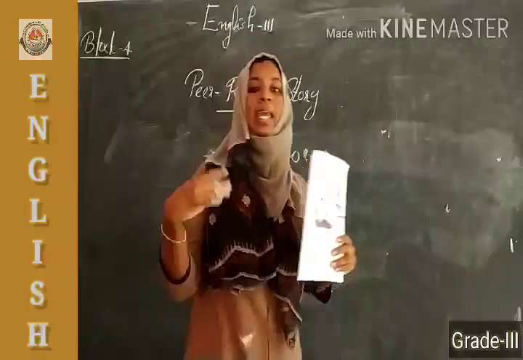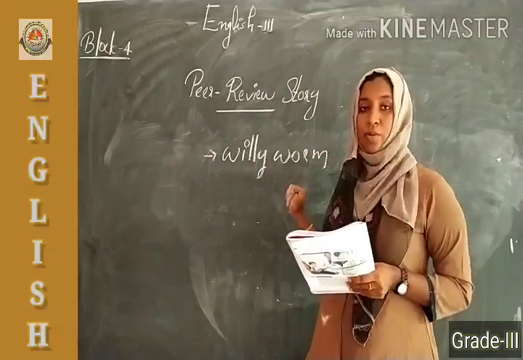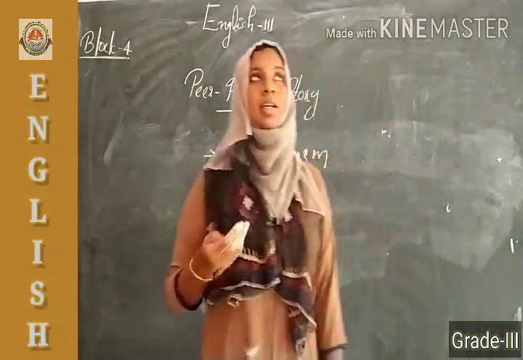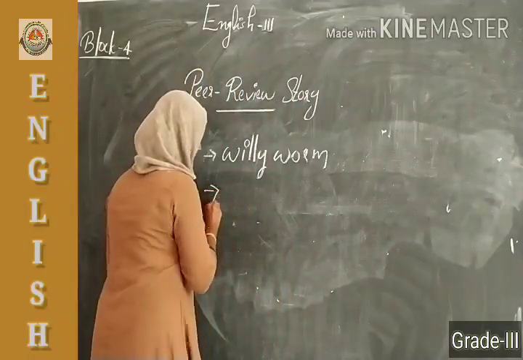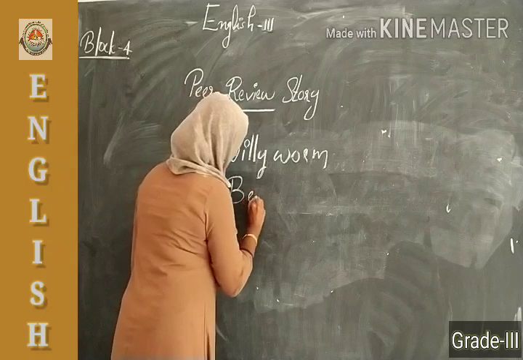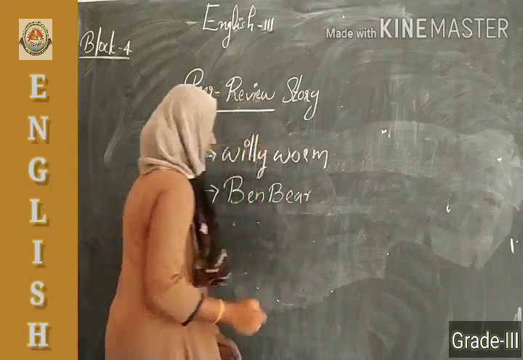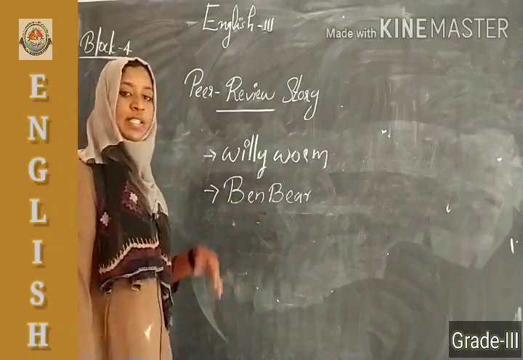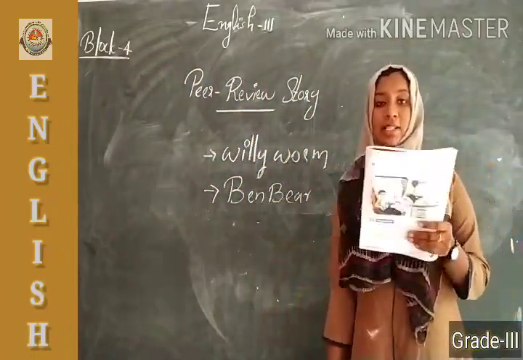Similarly, you make a character and his name should be very interesting, okay, like Willy Worm. For example, here I write a name for my character. Don't copy this, okay? Ben Bear. This is my character. So similarly, you have to make such interesting characters, okay?